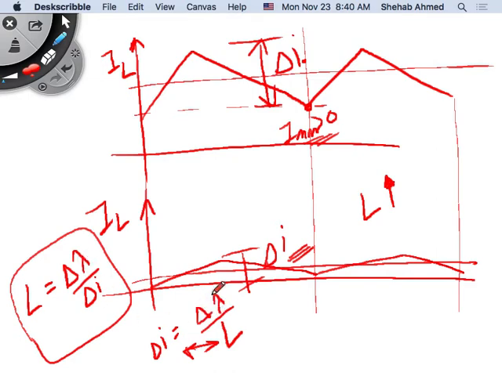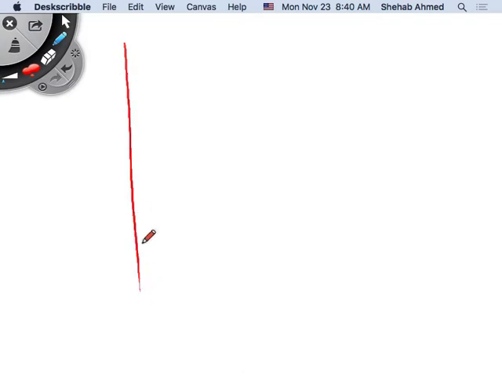If you make delta lambda small, it's proportional to delta I, so you can make delta I small, because this is the area under the voltage curve across the inductor. Or you end up with a large inductor. So either huge switching frequency or very large inductor. You cannot afford that sometimes, so you will have to operate in what is called discontinuous conduction mode.